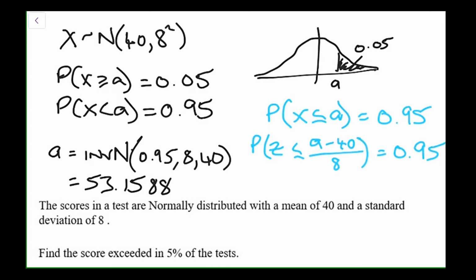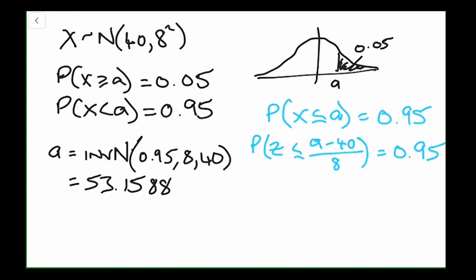We can then find a z-score that matches 0.95 below, or more interestingly, 5% above. There is a z-score from our percentage point tables that has 5% above it. And that z-score is 1.6449.